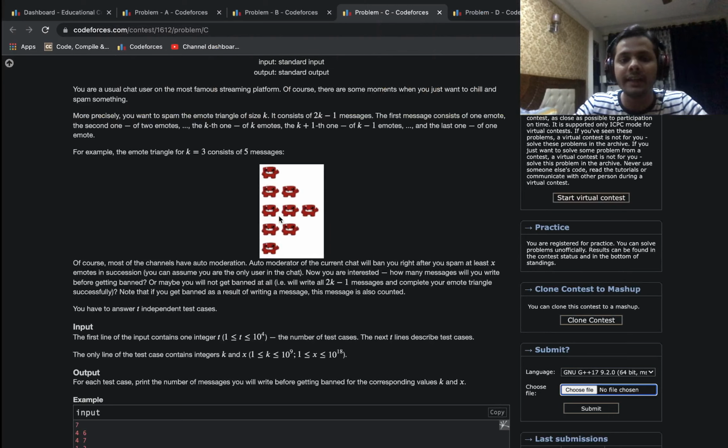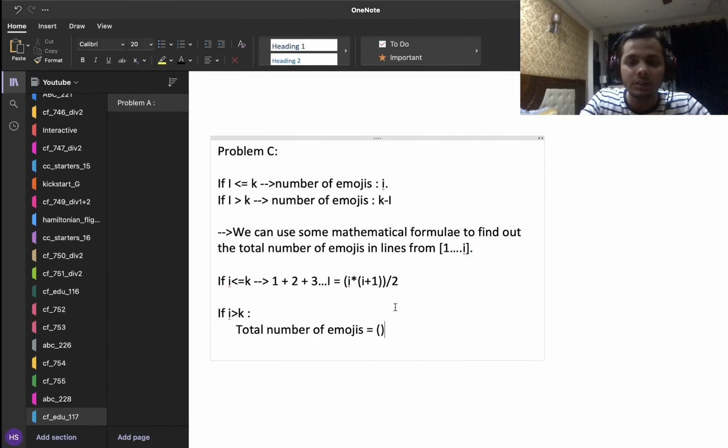In the first k lines, I will have k into k plus 1 upon 2 emojis, and in the remaining k minus 1 lines, I will have k into k minus 1 upon 2 emojis, because I am summing up all the values from k minus 1 to 1. So the total number of emojis is just going to be k into k plus 1 upon 2 plus k into k minus 1 upon 2.